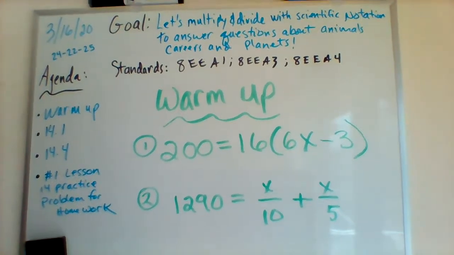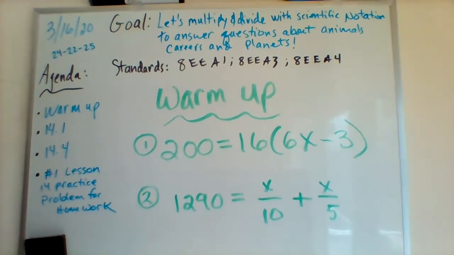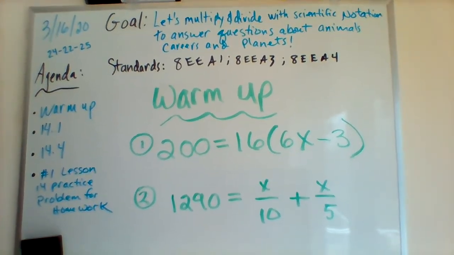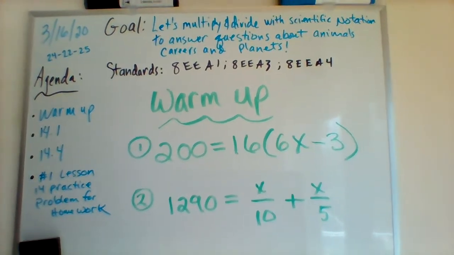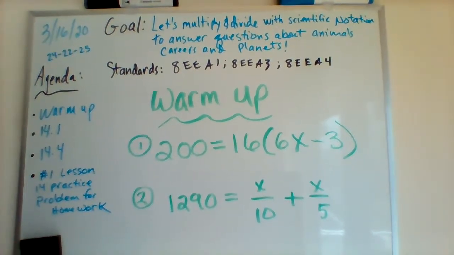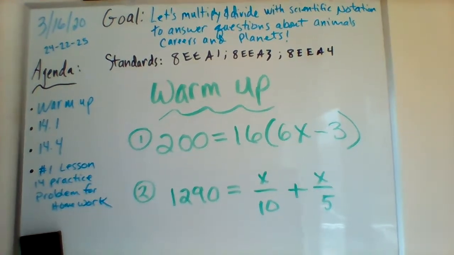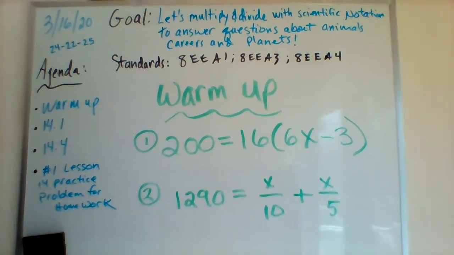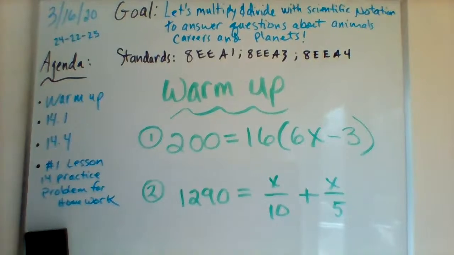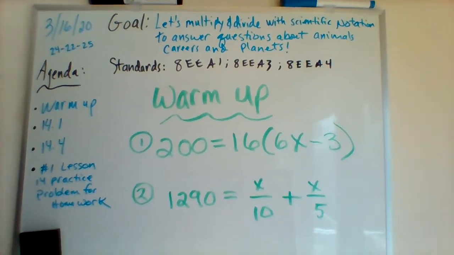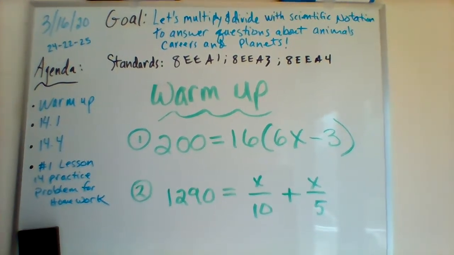And then number 2, I need you to solve 1,290 equals a tenth of x added to a fifth of x. All right, write those down. And I need you guys to try to solve those.